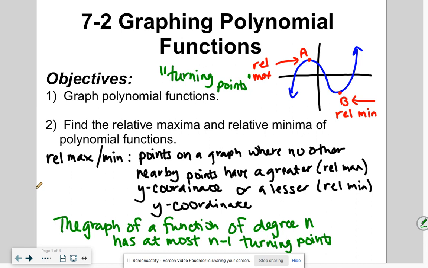So in my example up here, it's a degree of 3 because it's cubic and it has 2 turning points. Okay, so let's begin graphing.